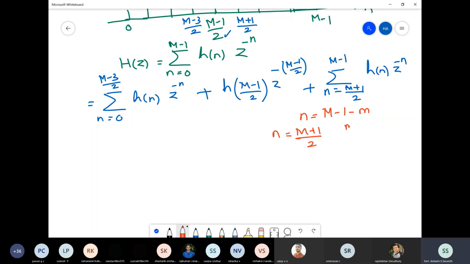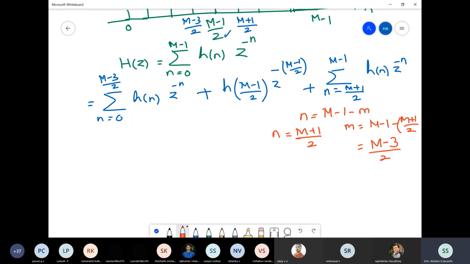What will be the value of small m? It is m minus 1 minus of m plus 1 by 2. So what will that be simplified to? You are going to get m minus 3 by 2.